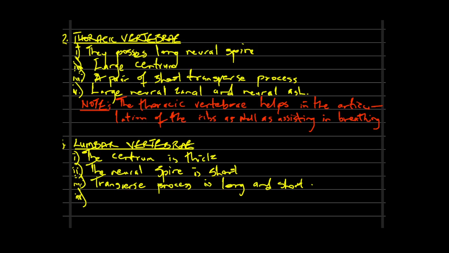It has very well developed pre and post zygapophysis. So those are the characteristics. Okay, let me put that here. Well developed pre and post zygapophysis. So those are the characteristics of the lumbar vertebrae.